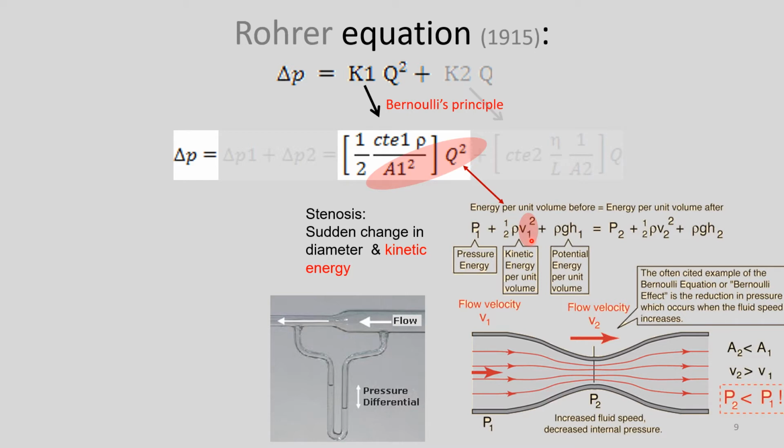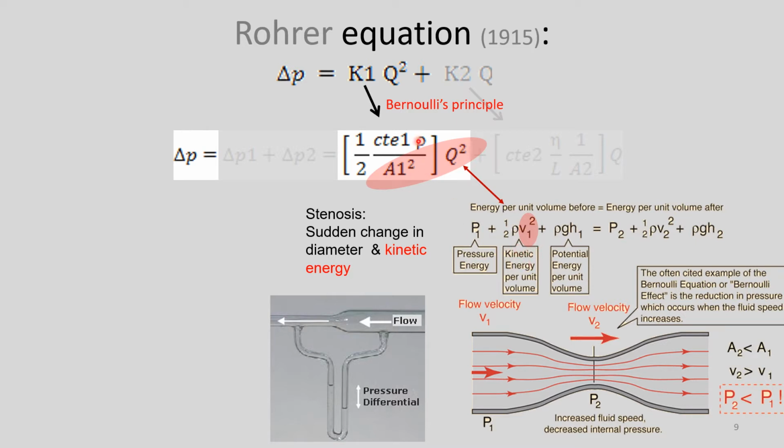So a way to describe velocity is the ratio between the actual volume of flow and the cross-sectional area. And because the velocity is squared, you have Q squared and the area squared. Dividing one by the other gives the velocity squared.